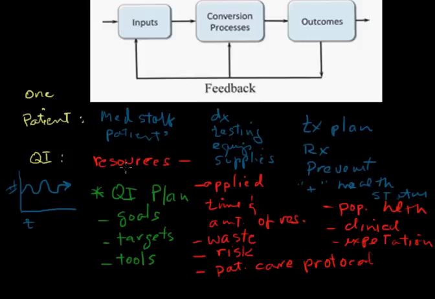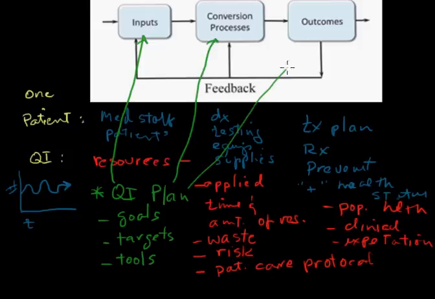And all of those will be, that plan will affect inputs, it will affect conversion process, and it also has an impact on outcomes. And the idea behind having a plan is when you do have each of these, the intent is to gather data as a feedback mechanism in each case to tell us, are we meeting the expectations of the QI plan that we're working with.